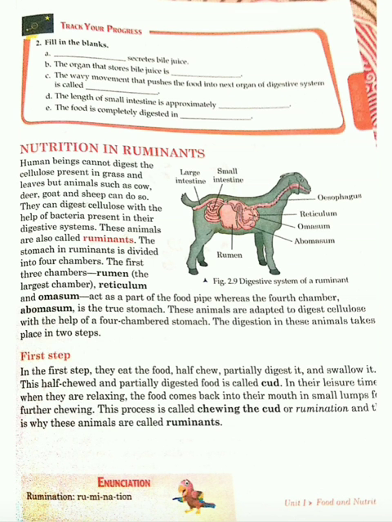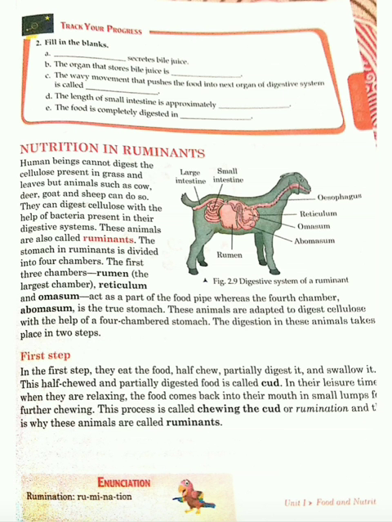I have explained to you that the human digestive system contains different parts. The first part is the mouth, then esophagus, stomach, small intestine, large intestine, rectum, and in the last, anus.